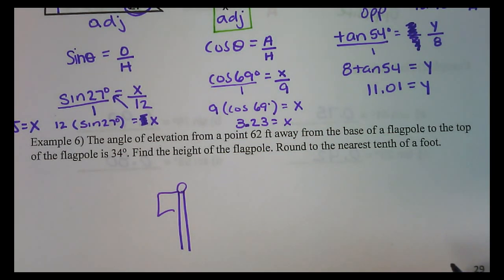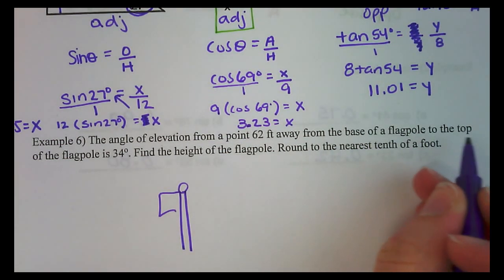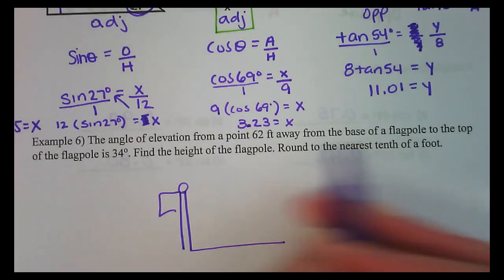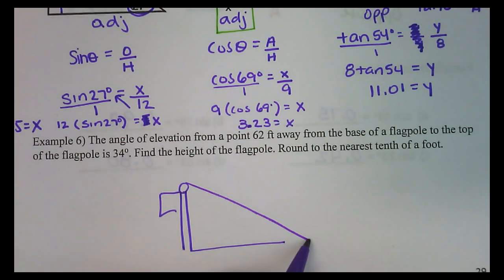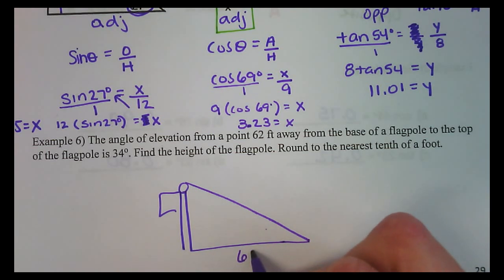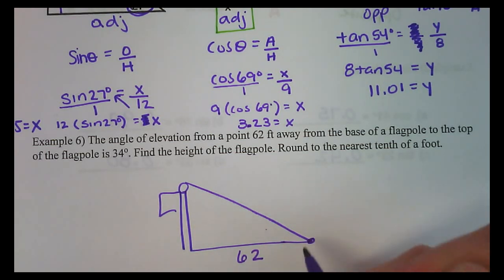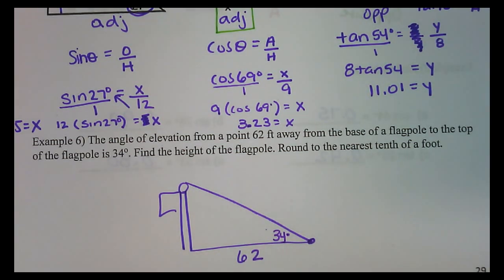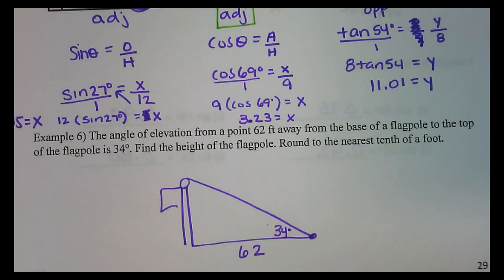The angle of elevation from a point 62 feet away from the base of the flagpole to the top of the flagpole. So this is 62 feet. The angle is 34. Find the height of the flagpole. Round the answer to the nearest tenth of a foot.